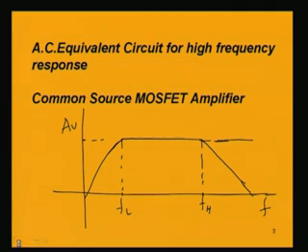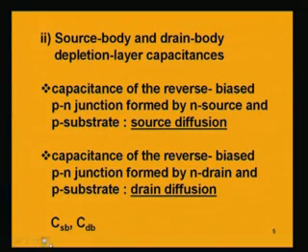Now, the small signal model which we will get when we consider these internal capacitances is like this: in addition to the components which are in the small signal model, we will have to augment it by incorporating the internal capacitances.